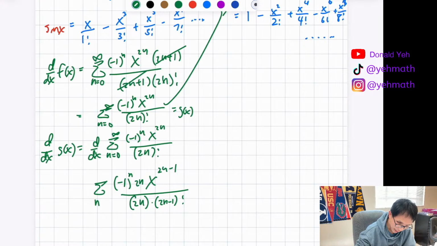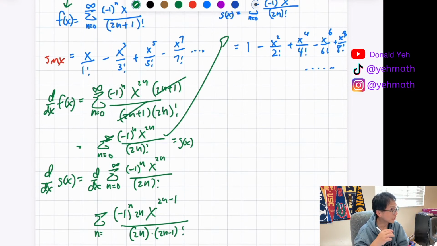Summation of n equal to, now pay attention. n equal to what? 1, because after you take a derivative of the constant term, it goes away. So it'll be n equal to 1 rather than n equal to 0. Are you following me so far?